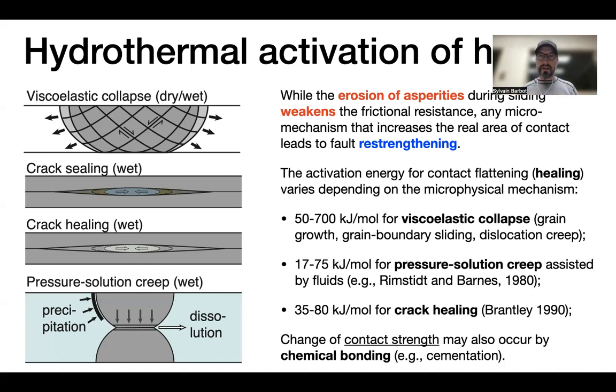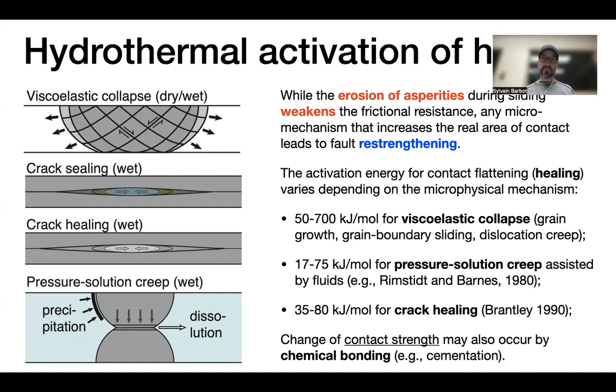What's interesting is that these mechanisms are fairly well understood from different experiments. What's important for us at this level is that we understand their thermal activation. Viscoelastic collapse operates between 50 and 700 kilojoules per mole, sometimes even more, by different mechanisms of grain growth, grain boundary sliding, dislocation creep.